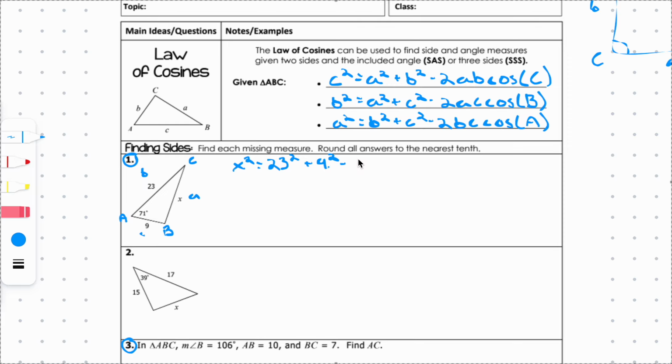And then minus 2 times b, which is 23, times c, which is 9, and then times cosine of A, of angle A, which is opposite of the side we're trying to solve for. So that means cosine of 71.